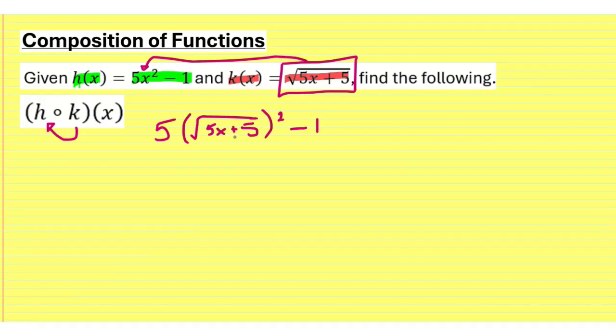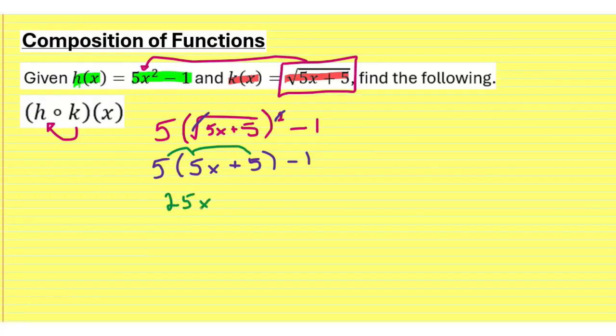Okay, so we need to understand or remember that a square root and a square will cancel each other out. So that means that I end up with 5 times 5x plus 5 minus 1. Then I'm going to distribute that 5 into the parentheses in order to eliminate the parentheses. So 5 times 5x is 25x, and 5 times 5 is 25.